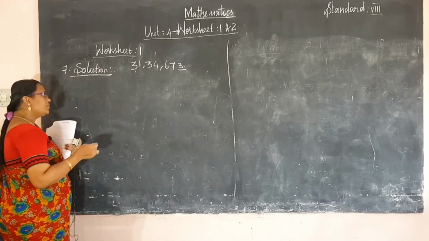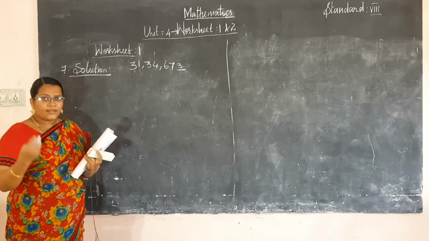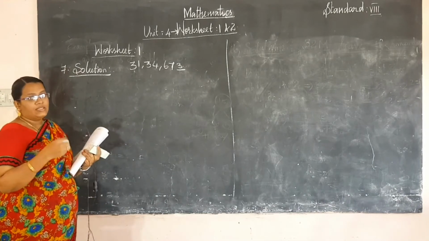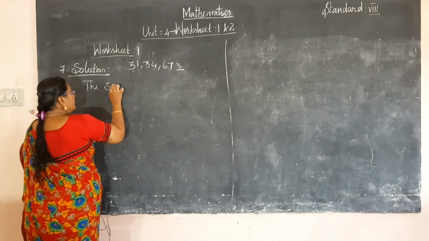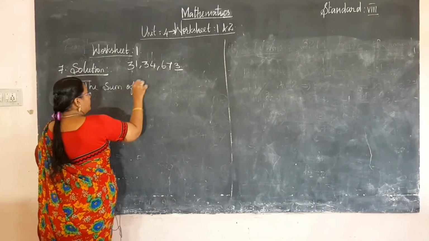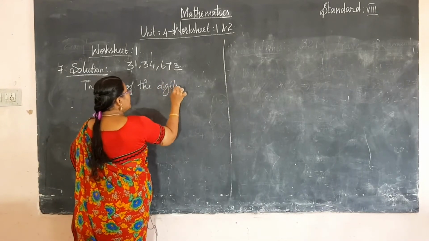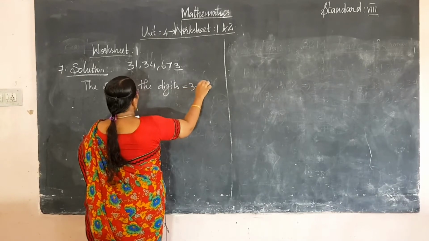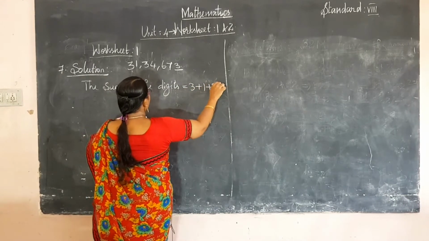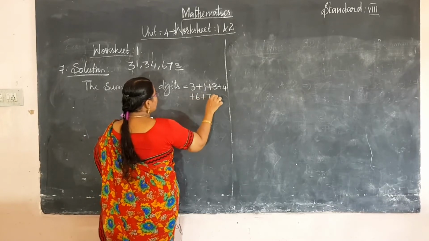Solution. The sum of the digits. What is the rule for the divisibility test by 3? The sum of the digits is equal to 3 plus 1 plus 3 plus 4 plus 6 plus 7 plus 3.